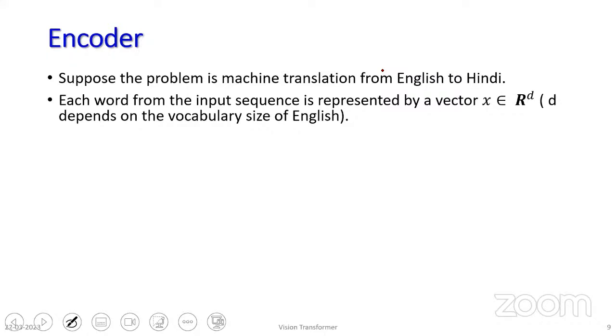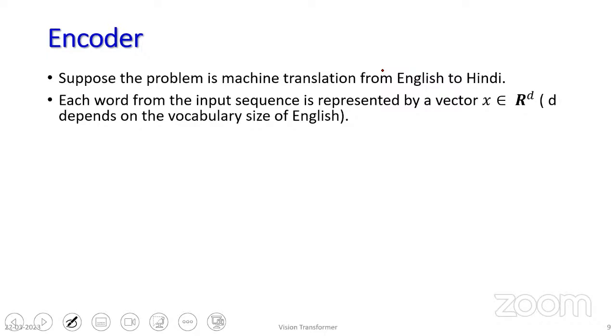Now, you must have seen in the lab sessions that each word can be encoded to a one hot vector, or it can be further embedded. There are certain word embedding techniques, so it can be embedded to put it in a lower dimensional space.